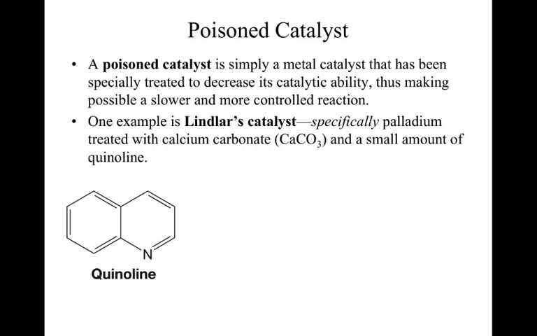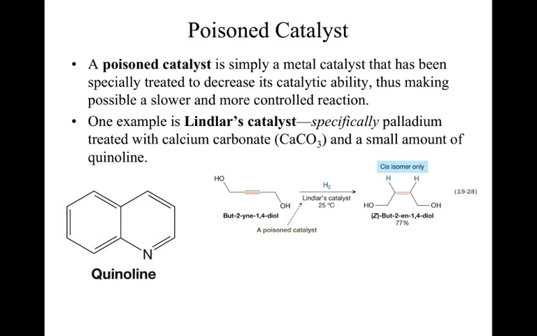Just as a guess, the quinoline might adsorb to the surface along with potentially the carbonate. And those are going to help block some of the sites of reactivity, maybe preventing an alkene from coordinating, whereas an alkyne, being longer and straighter, has a higher likelihood of adsorbing to the surface.